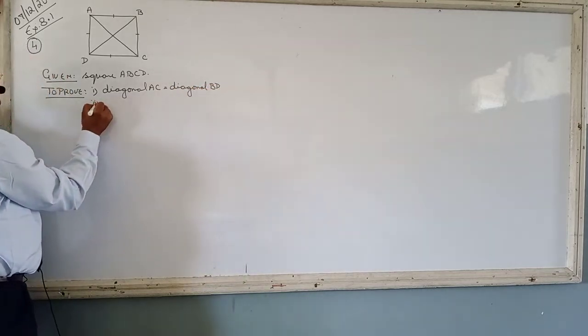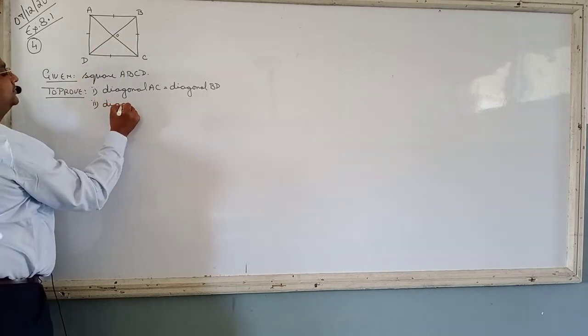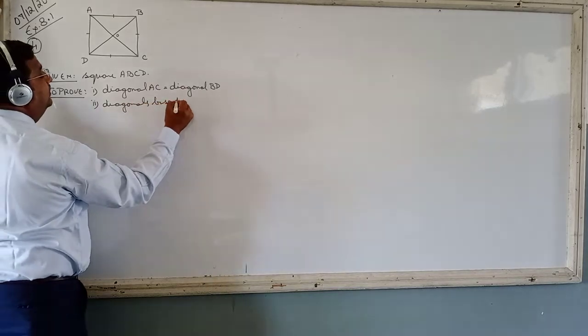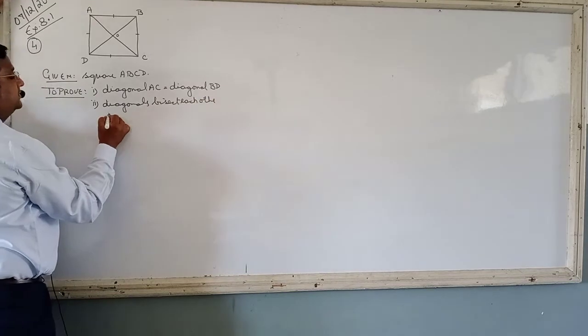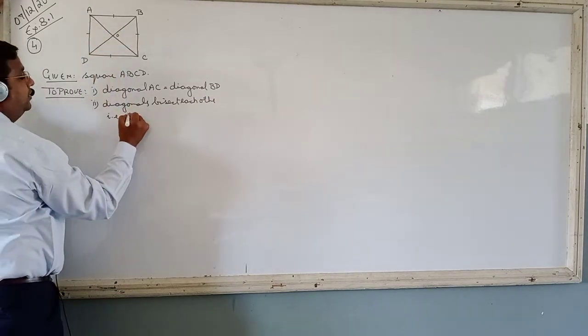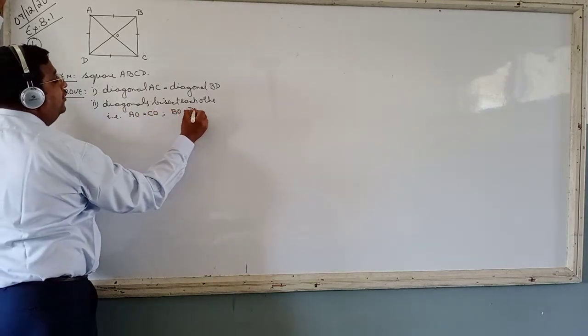Number 2, they bisect each other. Bisect each other means diagonals bisect each other, that is we can see AO equals CO, BO equals DO.